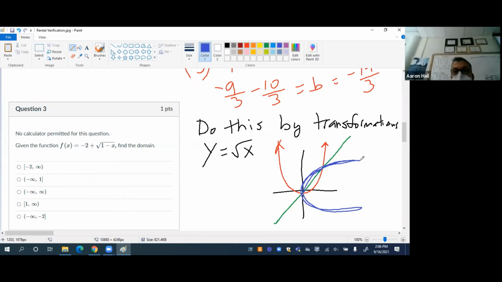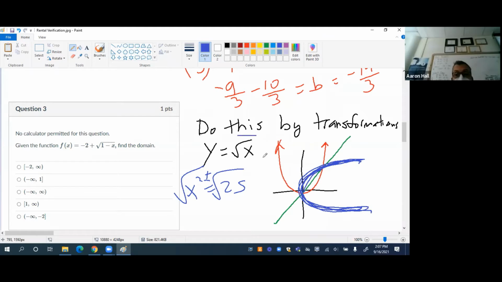Now, this blue graph is not a function, right? If I have x squared equals 25, whenever I take a square root, I need to remember what? Yeah, it can be positive or negative. So in fact, this is two graphs: positive the square root of x, and negative the square root of x.